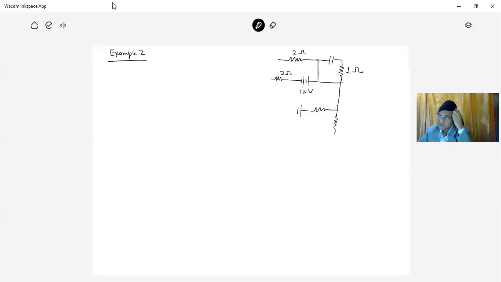So this is a 2 ohm resistance. Here it is a 3 ohm resistance, and here we connect an inductor L of 10 millihenry. These points are connected.